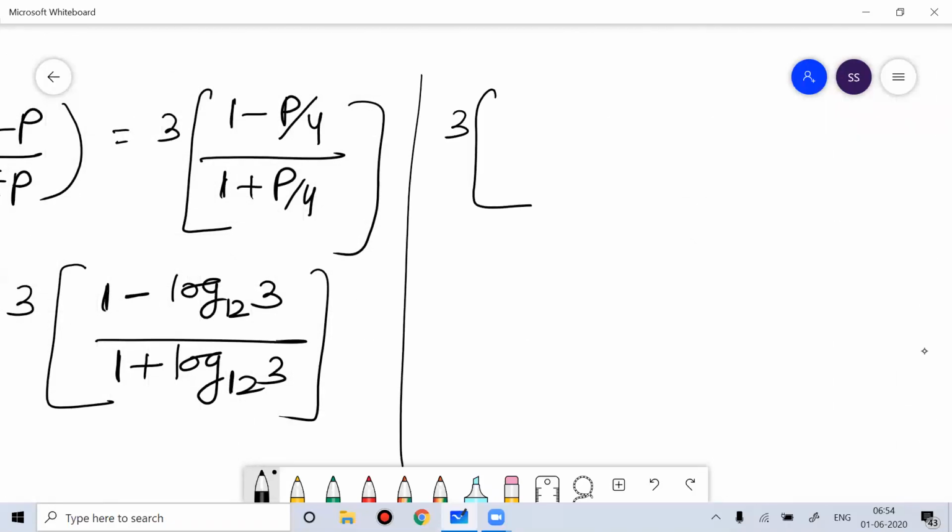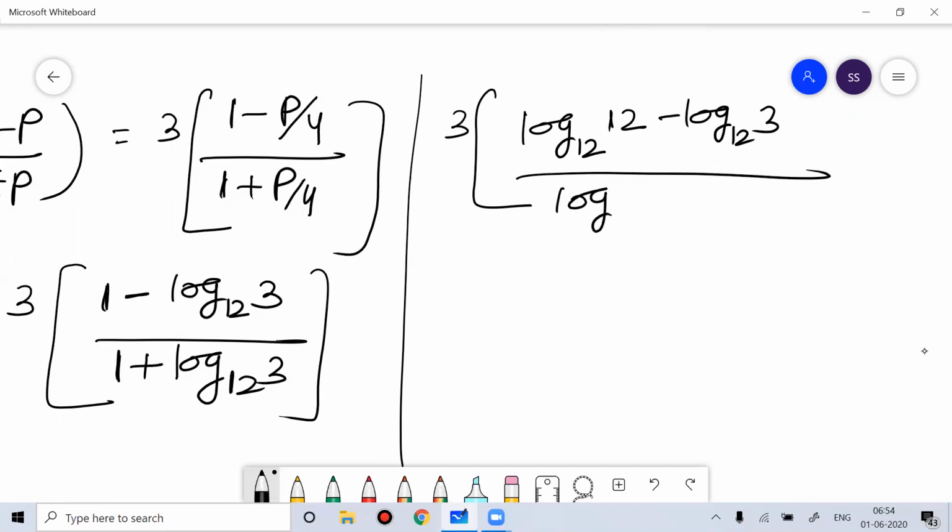In place of 1, I can write log base 12 of 12. So (log base 12 of 12 minus log base 12 of 3) divided by (log base 12 of 12 plus log base 12 of 3). You know log a minus log b and log a plus log b.